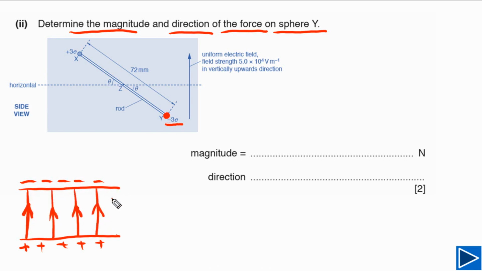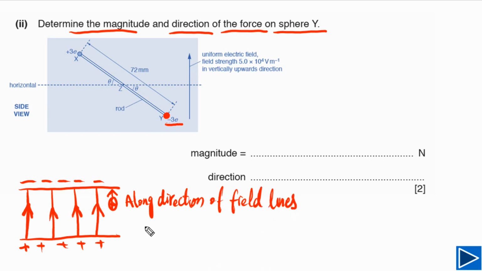If we place a positive charge in this field, the direction of force on this charge will be in direction of electric field, meaning this force will be pointing upwards. Very important point, along direction of electric field, simply along direction of field lines.